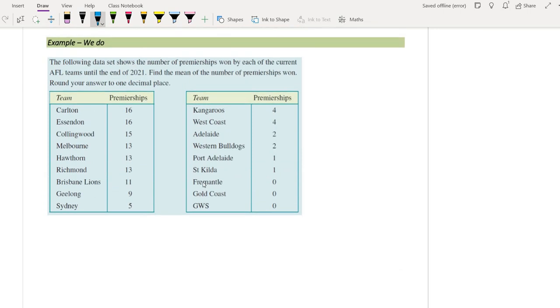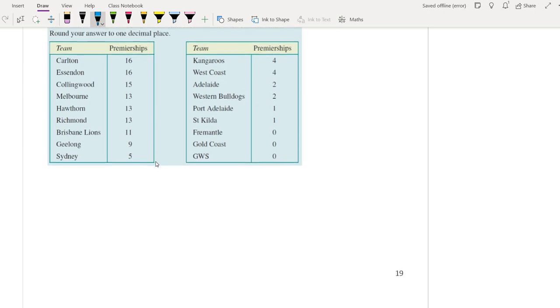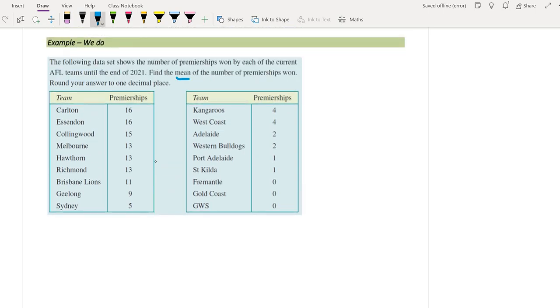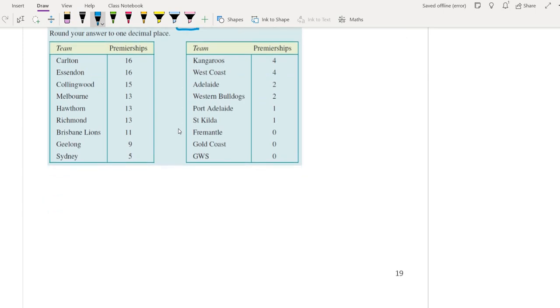This data shows you premierships won by each club, and we want to find the mean for all of these teams. So what you need to do is first determine how many teams there are. You simply just count, and there are 18 teams. So N, which stands for number of data values, is 18. And we also now want to add all of these numbers together as well.